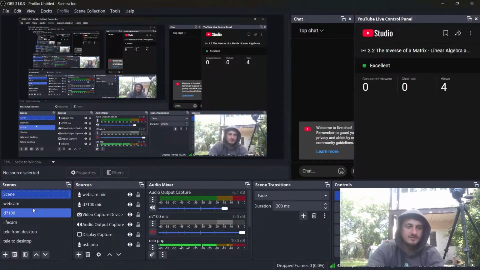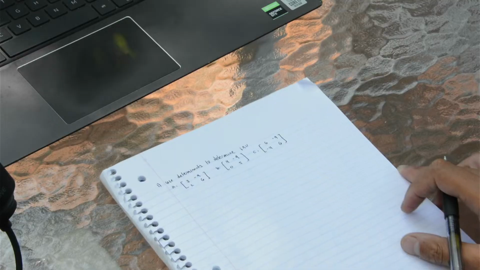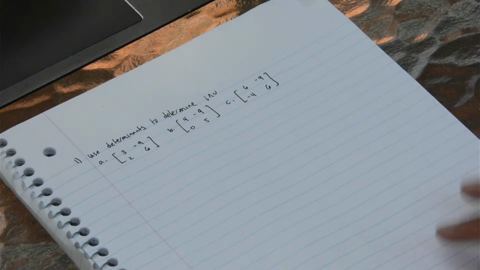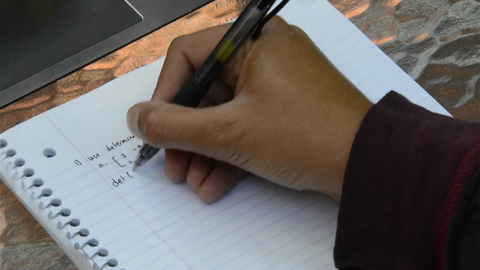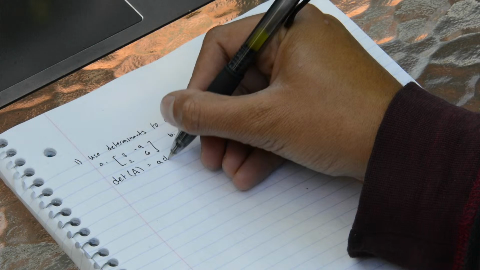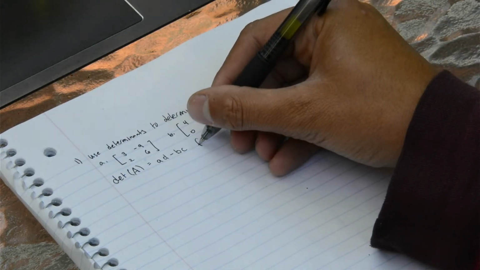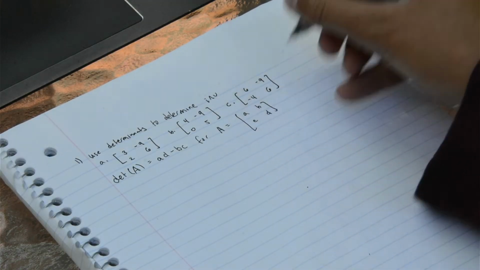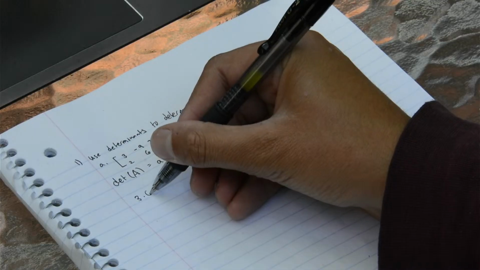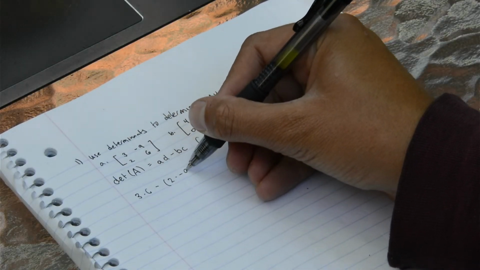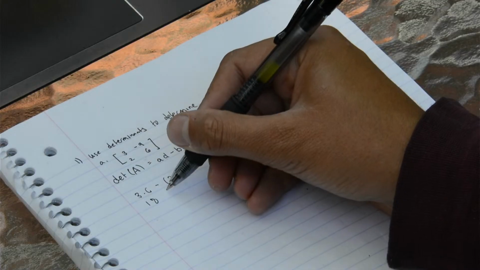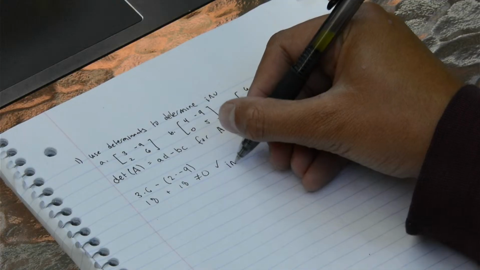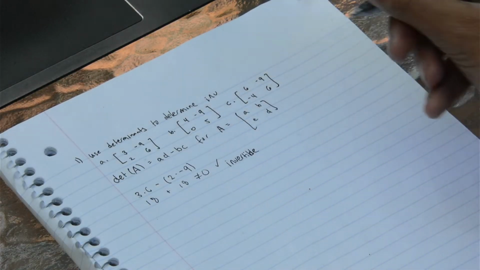It'll be our first time doing this thing. This will be cool. So okay, the first one is invertible.